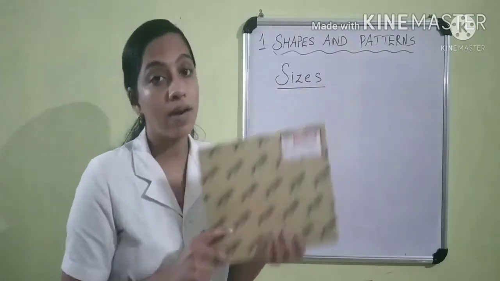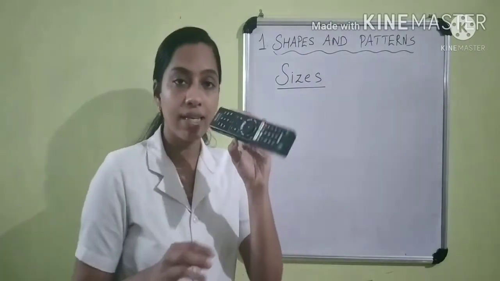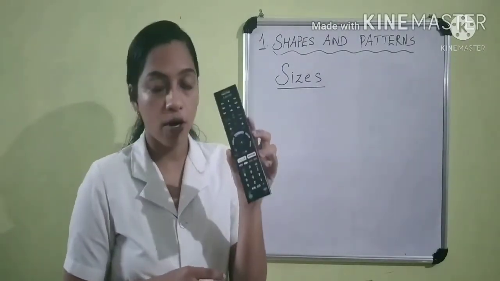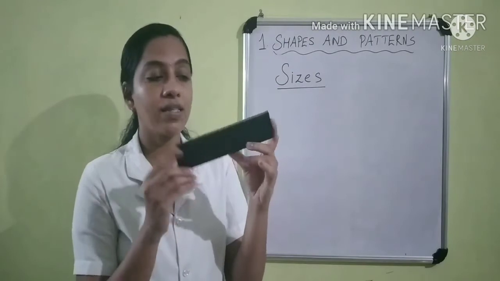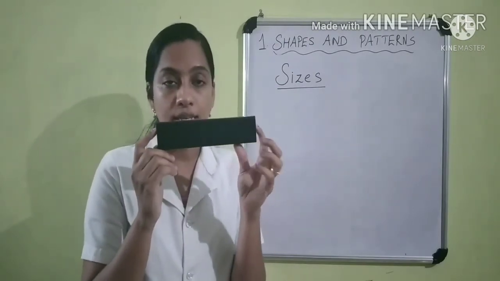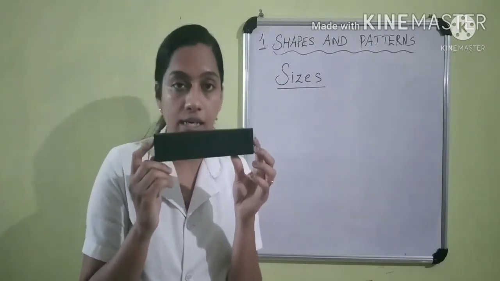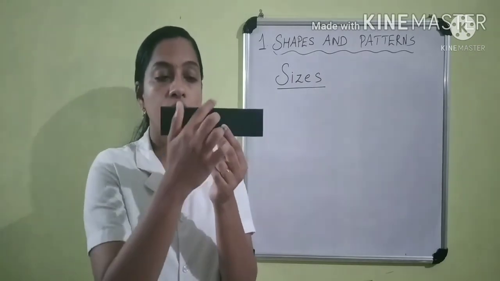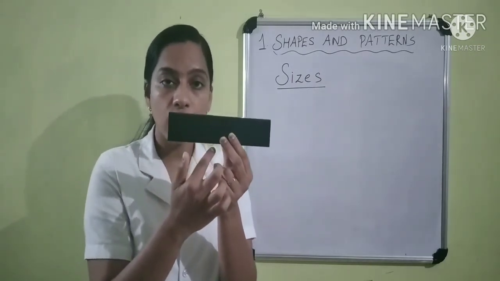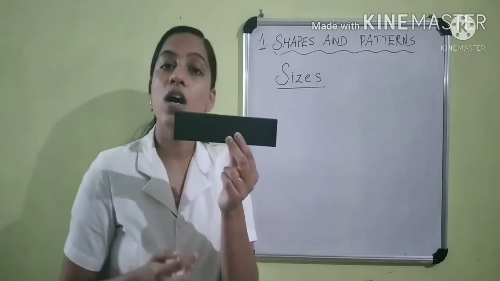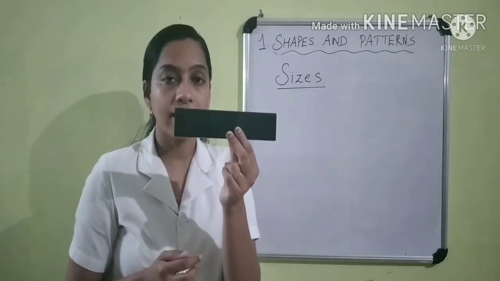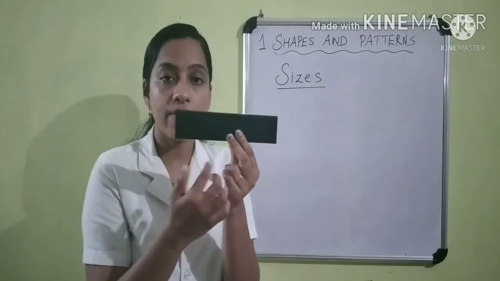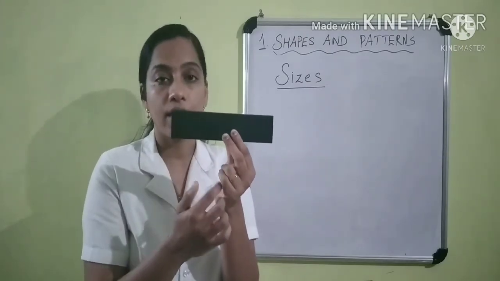I will show you one more thing. Tell me children, what is this? Yes, it is a TV remote. Okay, then tell me what is the shape of this remote? Yes, this is also rectangle shape, isn't it? It has 4 sides in which 2 sides are long and 2 sides are short. So we can say that the shape of this TV remote is rectangle.